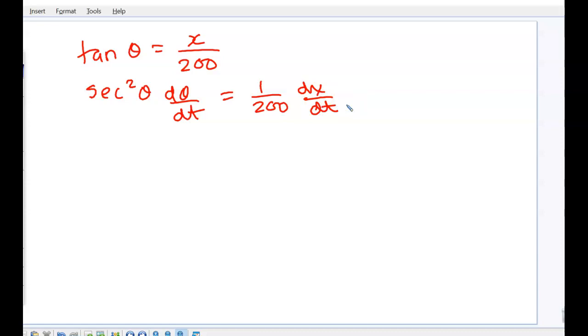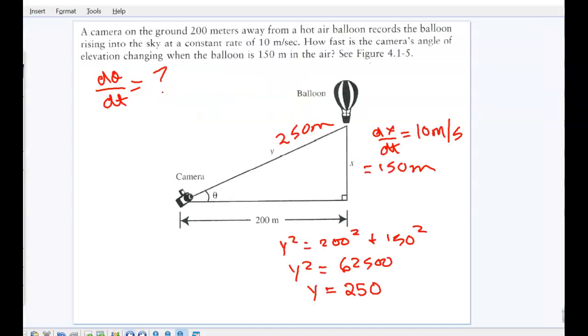And now I have to come up with a value for secant theta, because I know what the other values are, since they are provided. I want to come up with a value for secant theta and then solve for d theta dt. So if I look at my diagram, secant theta is equal to the hypotenuse over the adjacent, so it's going to be 250 over 200, which reduces to 5 over 4.